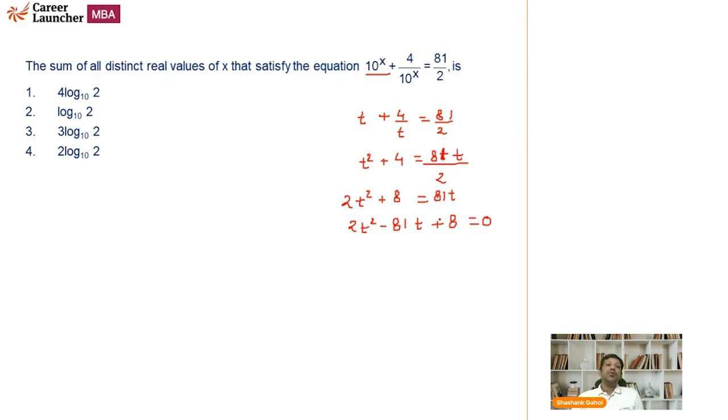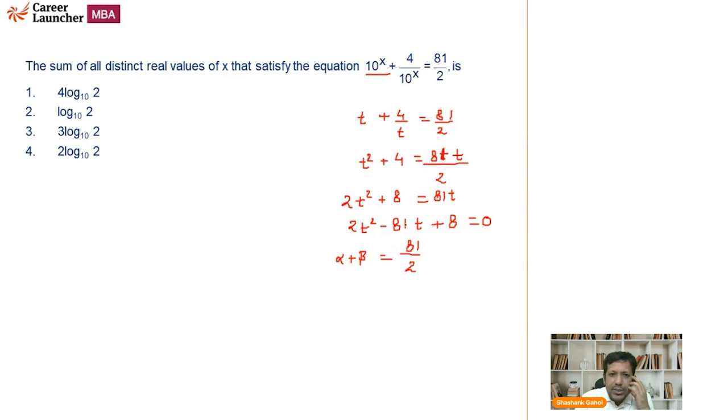Now question is saying sum of all possible values. So what is the sum of all possible values? I can say it is sum of the roots itself. Now what is the sum of roots? That is 81 upon 2. So alpha plus beta, and that is equal to this, right? So can I solve this? Okay, so let's solve this itself.